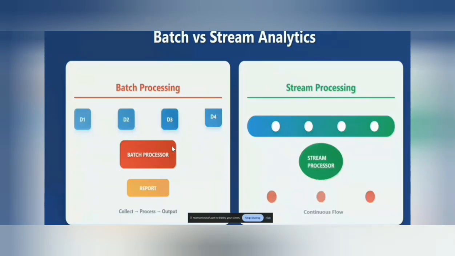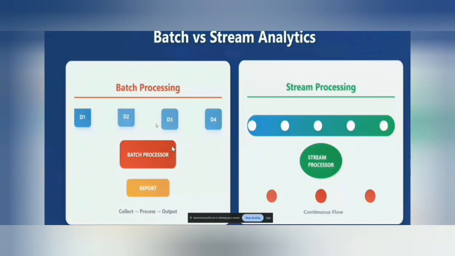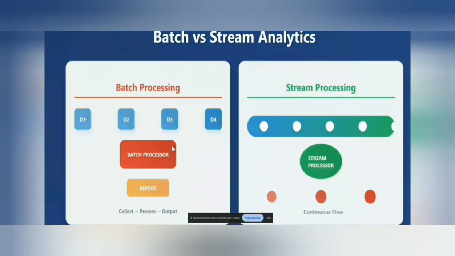You've got batch processing on the left, you've got stream processing on the right. You can see that D1, D2, D3, D4 represent chunks of data, and it's being processed in batches, being hit to the processor, and then a report is being generated. But with stream processing, it's all continuous. You've got a stream of data flowing into your processor, and you're just generating outputs through it that way, right?